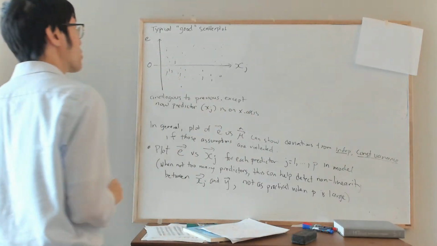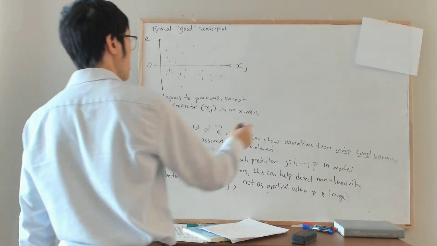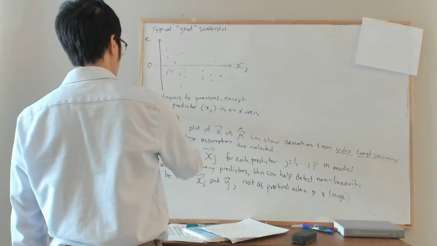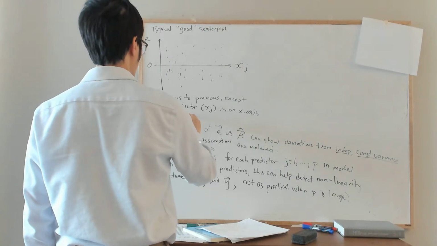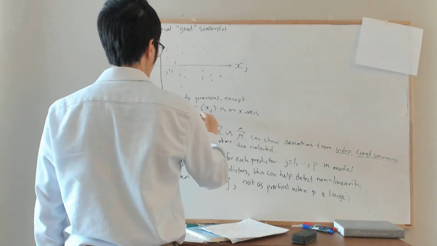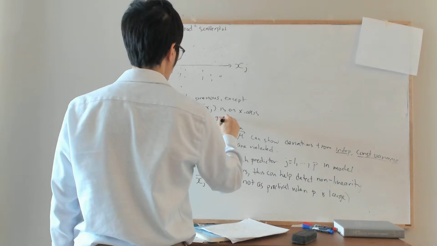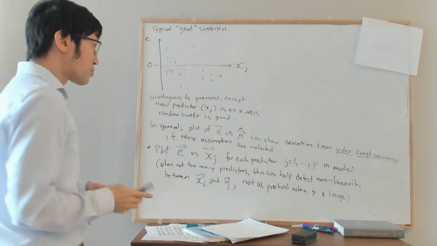So we're looking for a random scatter. Good random scatter is good.